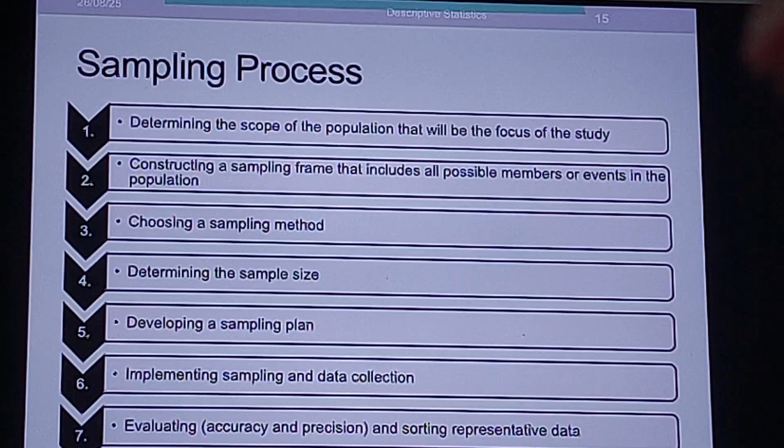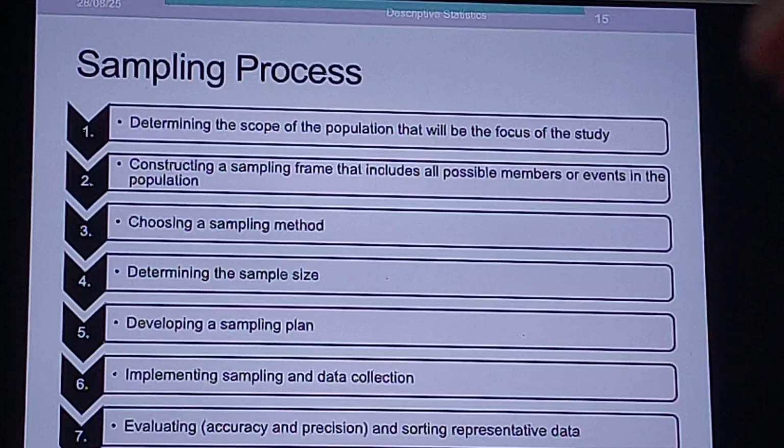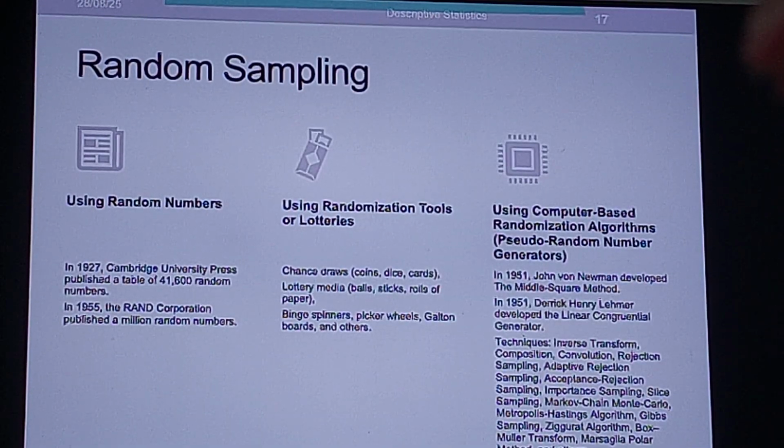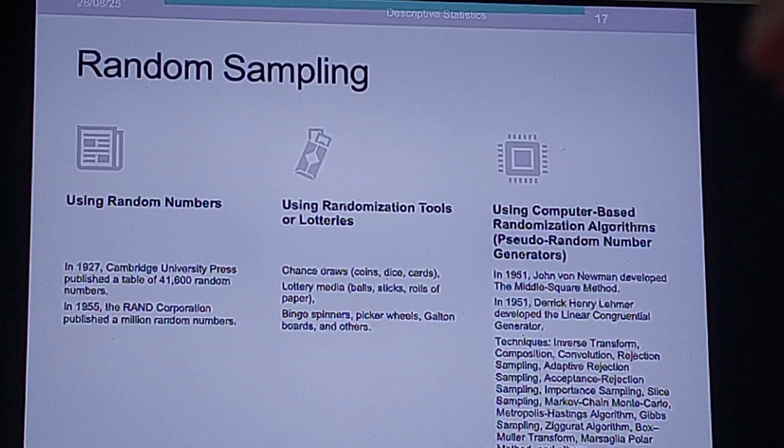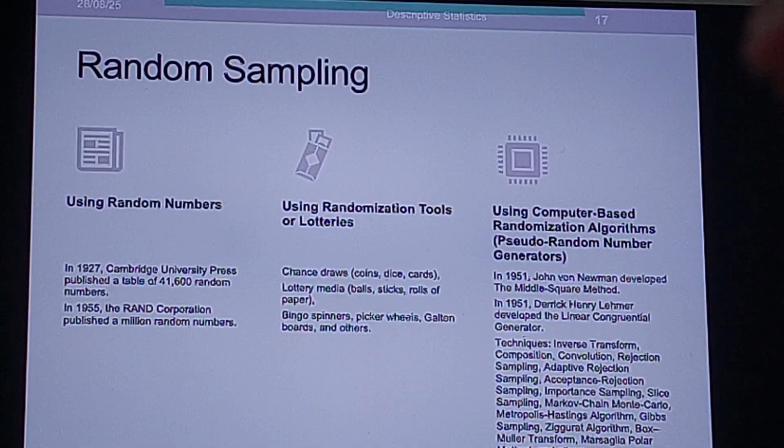And there are some methods to get the observational data. We can use random sampling. So how to make random sampling? We have 100 students in our department, but we just want to take 30 students. So how to take them randomly? There are some methods.